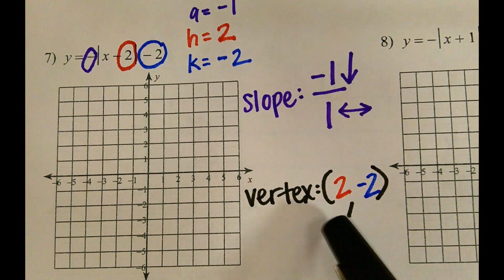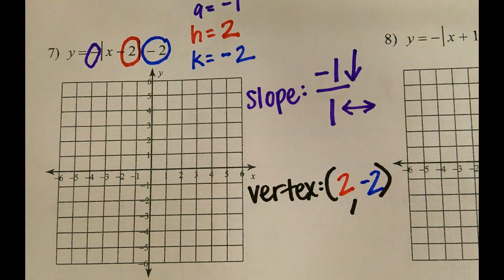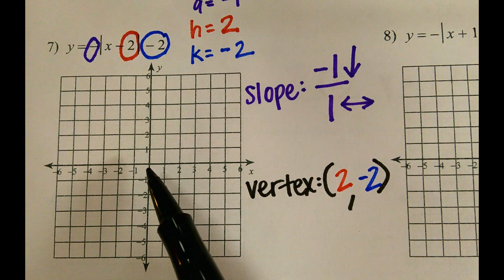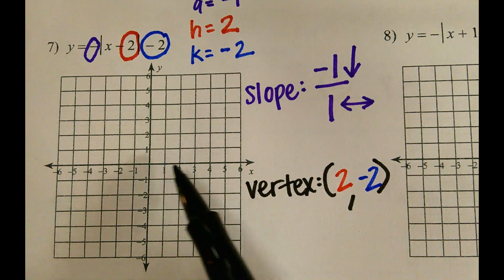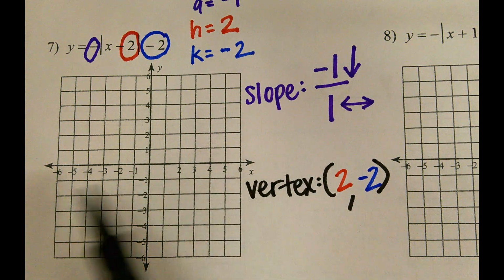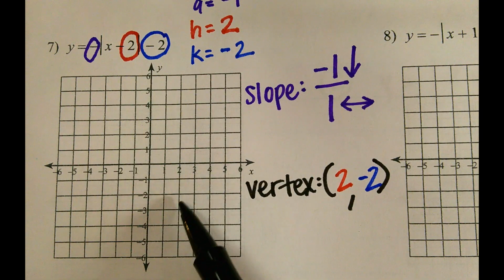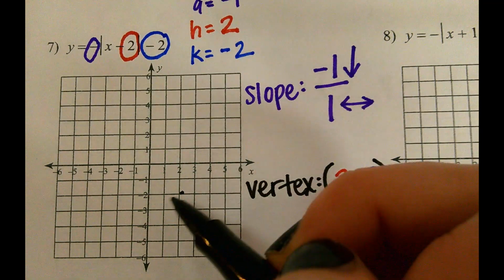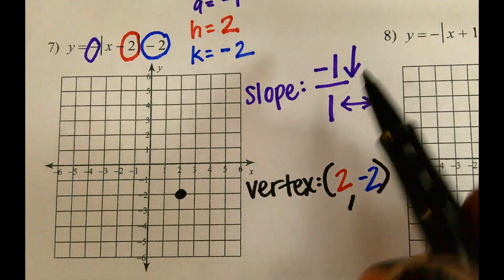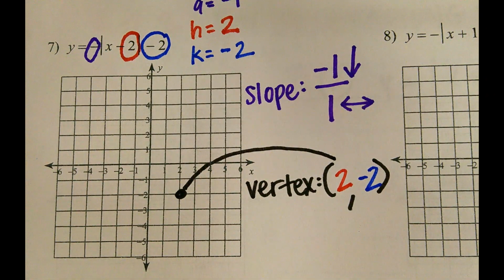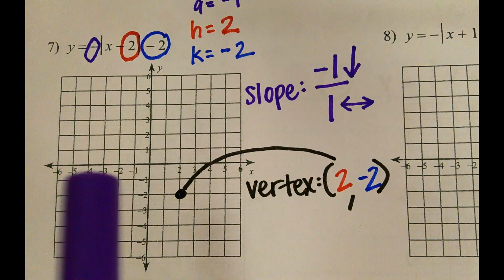Let's put a point on the vertex. 2, -2. So starting here from 0, I'll find 2 on the x-axis right here. And then I will go down 2. Good, right here. This is my vertex. And my slope is going to tell me where do I go from here.